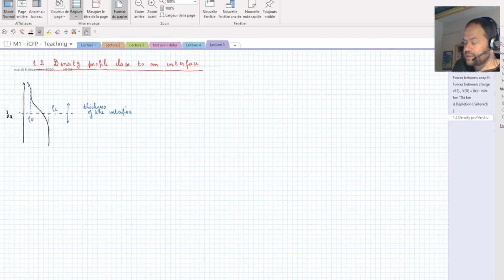Well, if we do that, we can say that the free energy of the system will be the sum of the free energy up to the Gibbs plane and above the Gibbs plane.